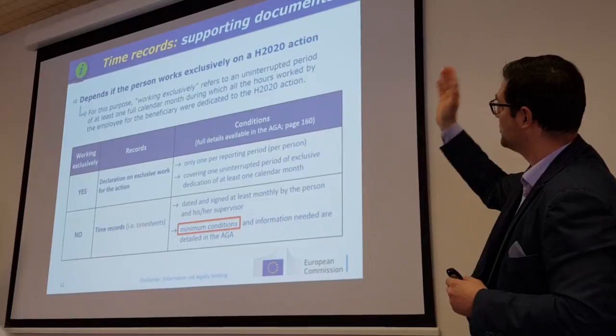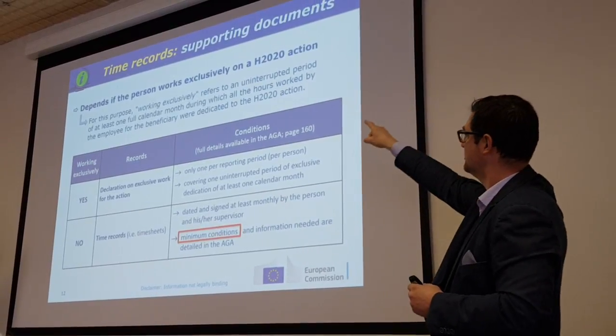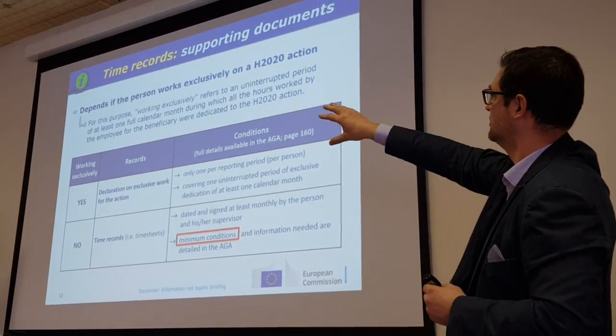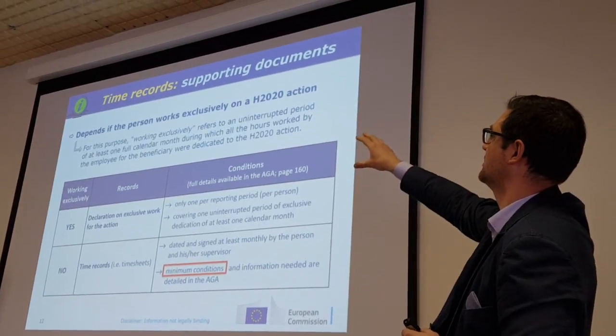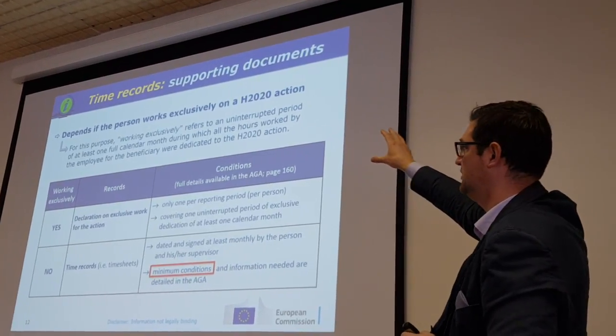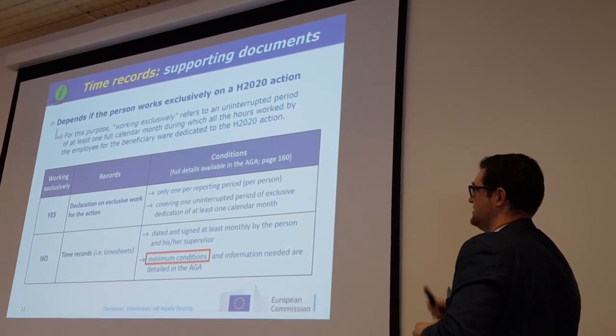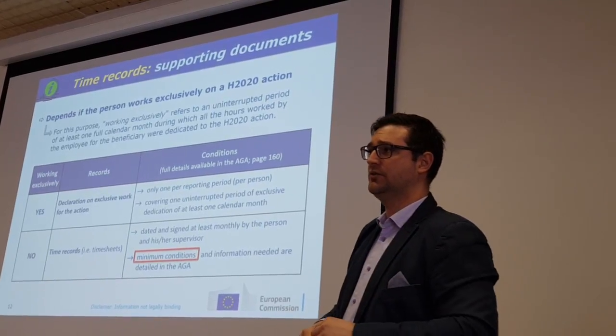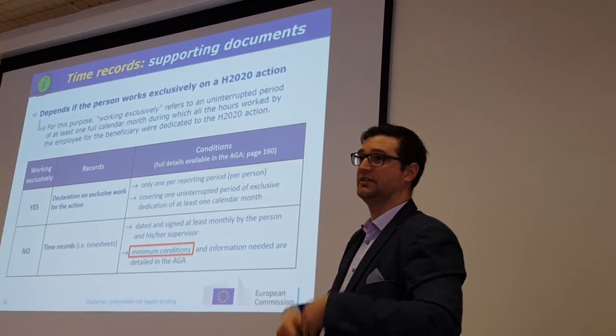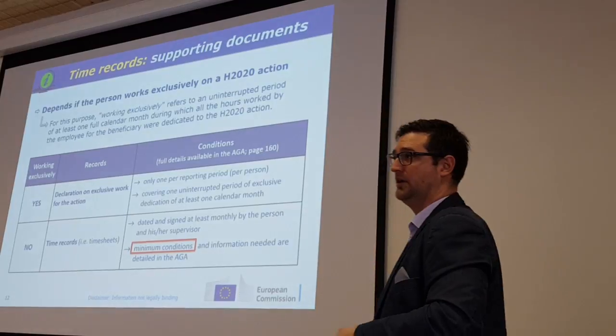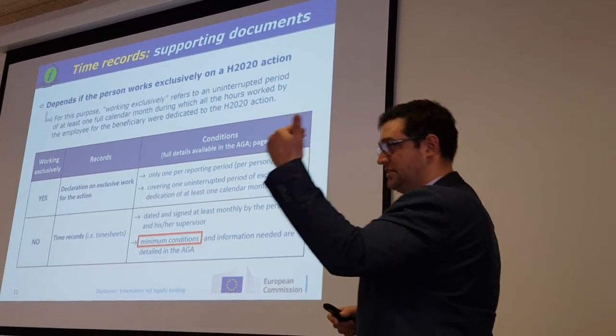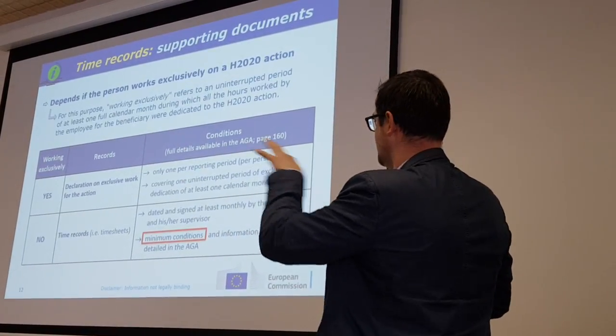Are you exclusively working for the action? You can see the definition of what is understood under working exclusively for the action. You can read it there. If the answer is yes, then the only thing that you have to sign is a declaration, and you've got a template available at the participant portal. So you just need to download it, fill it in, and sign.